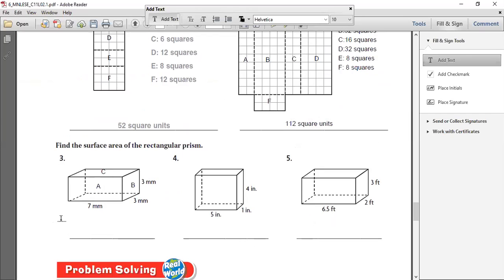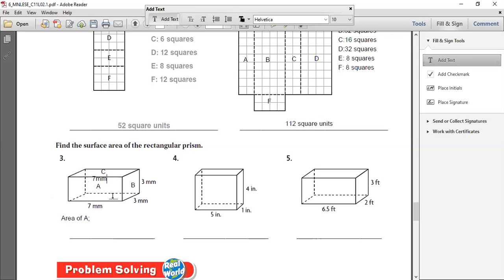First, let's find the area of A. I forgot to write the measurements. If this is 7, the opposite side is also going to be 7 millimeters.